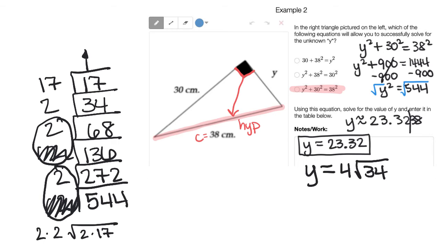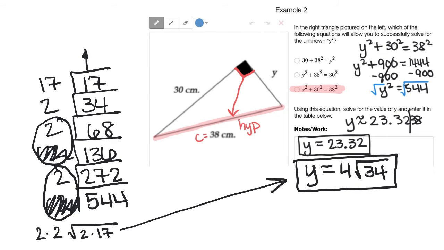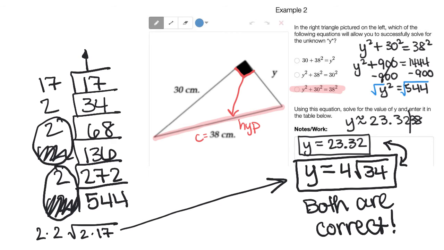So that's where I got 4 root 34. That is the simplified version, but for this year, I will take either one. Just don't leave it as square root of 544 because that's completely unsimplified.